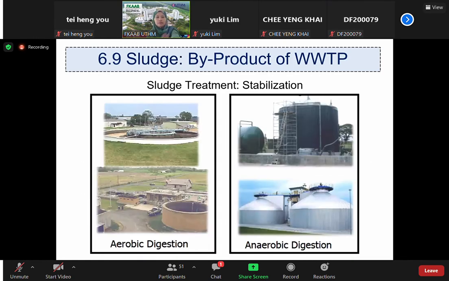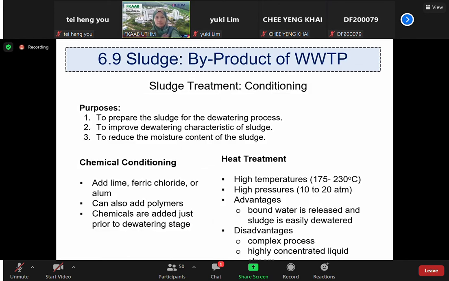So this is examples of aerobic digestion and anaerobic digestion. Ini biasanya close lah with the oxygen. Okay, conditioning, we add lime, some ferric chloride and alum, and certain place they add some polymers. Okay, then after that they will send to the dewatering stage, which is more on the drying. Okay, certain process also they use the high temperature, okay, to release or to remove certain hazardous part.